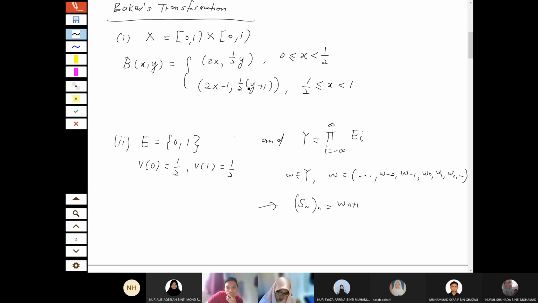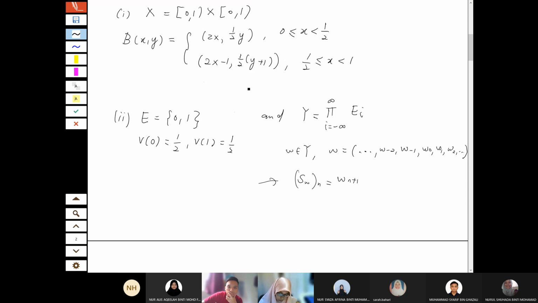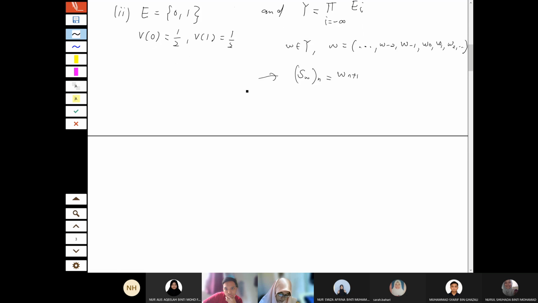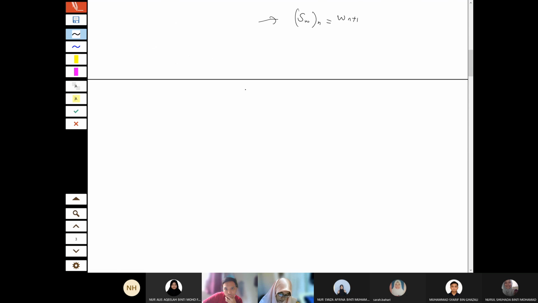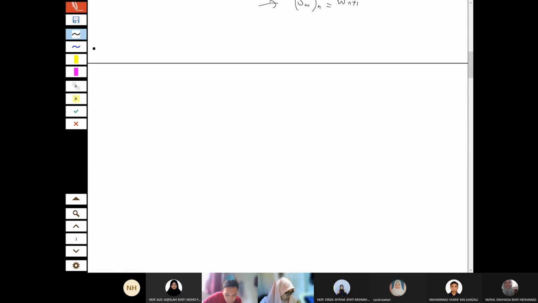Okay, now we let these two coordinates x and y be taken from the measure space X. So we will have two coordinates, for x and also for y.